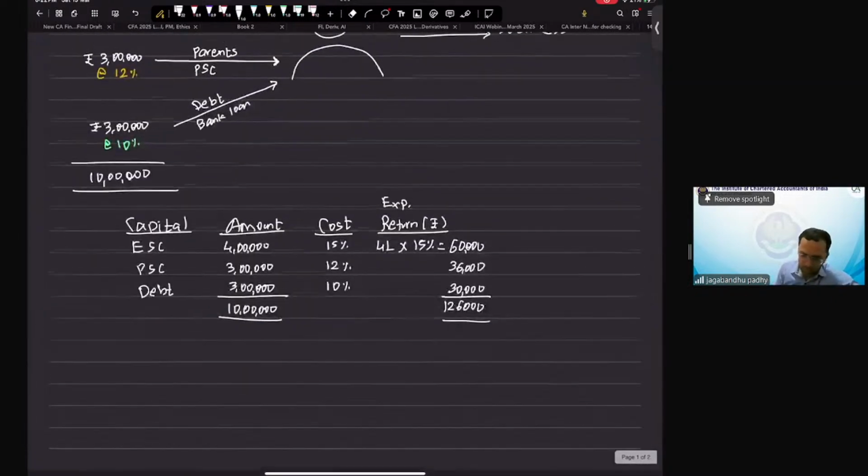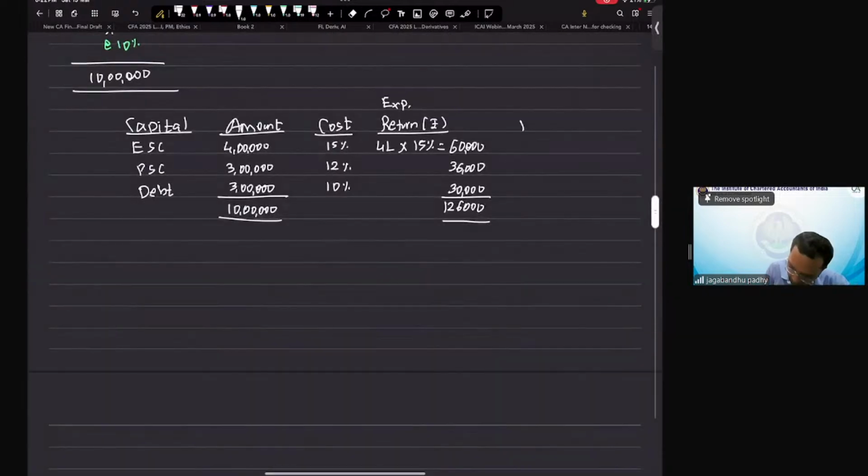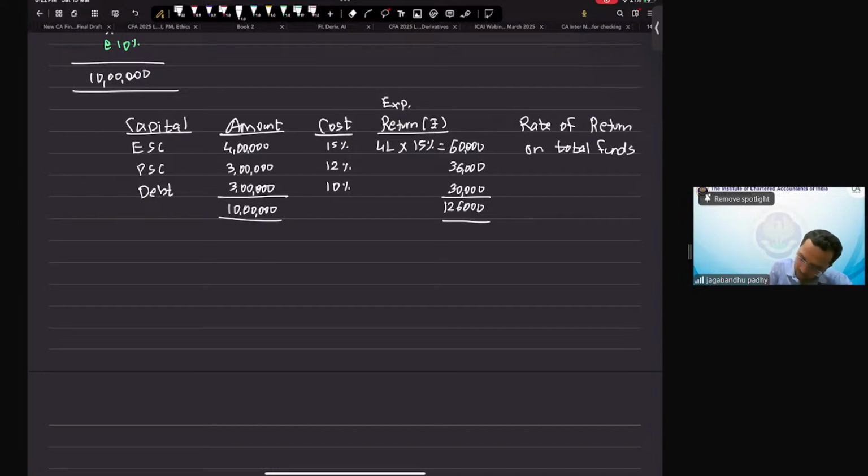So the rate of return on total funds is, can I say, 1 lakh 26,000 upon 10 lakh? 1 lakh 26,000 upon 10 lakh. What is the number? 12.6%, right?